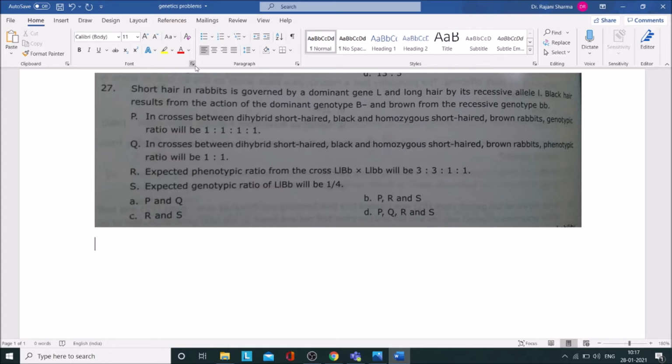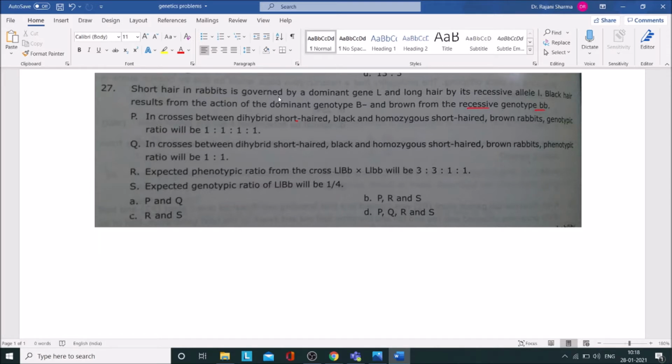So here the question is that the short hair in rabbit is governed by the dominant gene capital L and the long hair by its recessive allele small l. Black hair results from the action of the dominant genotype capital B and brown from the recessive genotype small b. So it is already mentioned that it is recessive, so obviously we need two recessive genes to express the brown one.